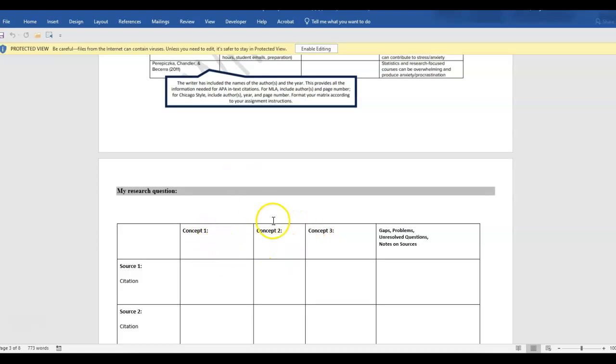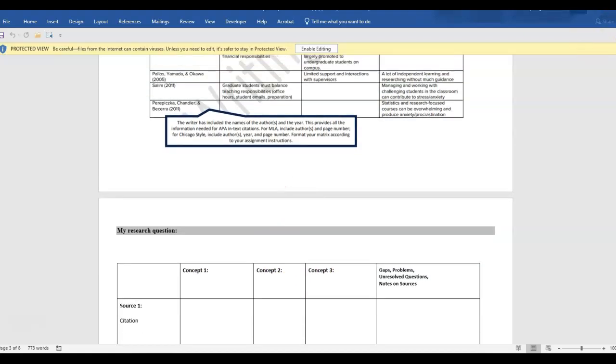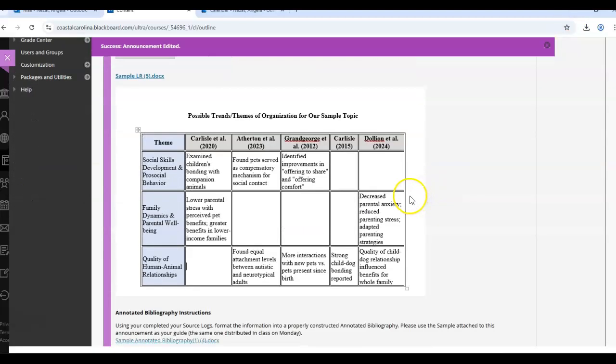So let's just say, for example, I've got a question about service animals. What effect do service animals have on people with autism spectrum disorder? I actually have them flip-flopped here, but that's okay, it doesn't matter. As I read through, what I really discovered was that 3 major themes emerged.